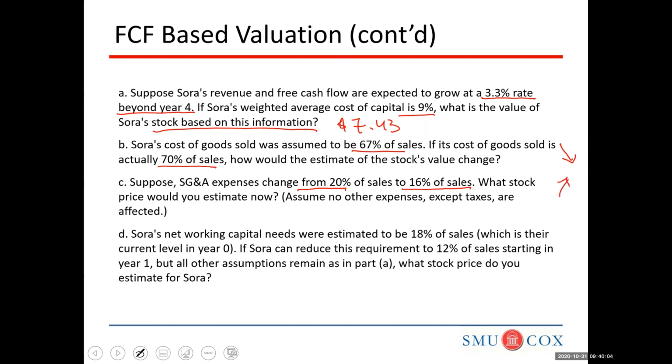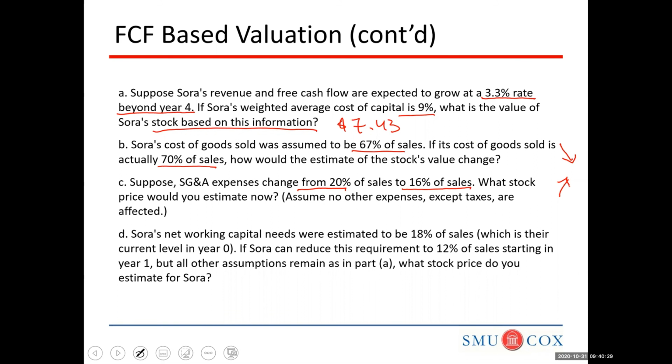And also they say, assume no other expenses except for taxes are affected. So they want us to run these two cases independently, right? So we first increase SG&A, but then we put it back to original, and then we decrease SG&A, right? So it's a separate scenario.